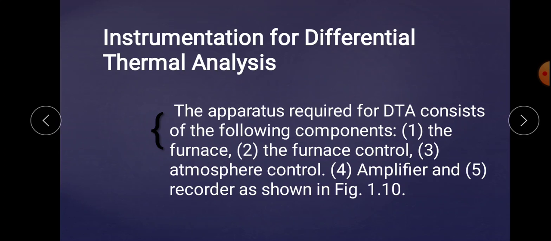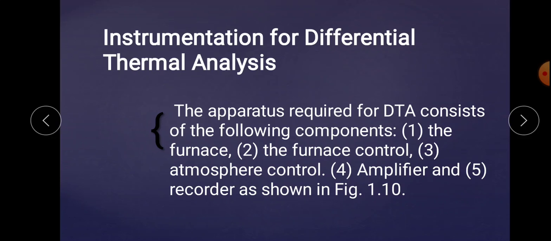In a simple way, differential thermal analysis is nothing but a comparison of the change in temperature of the reference and the sample with respect to the increase in temperature. Means the graph is plotted between delta T, that is the difference in temperature of sample and reference compound, versus temperature on the x-axis. So this is differential thermal analysis.